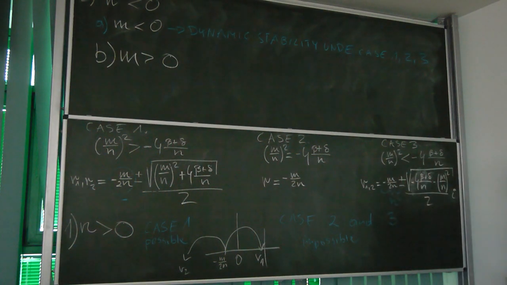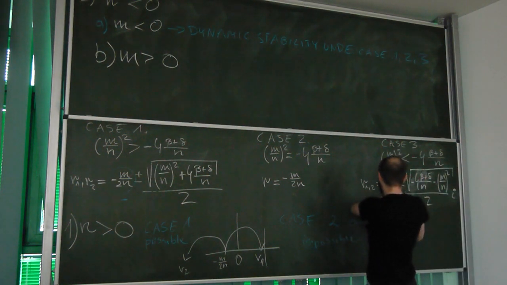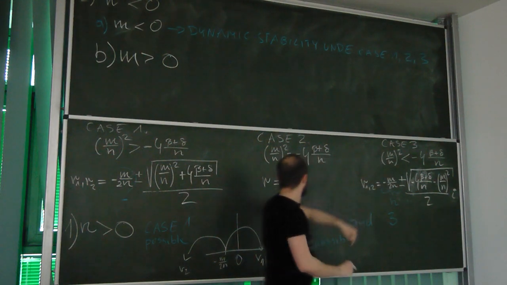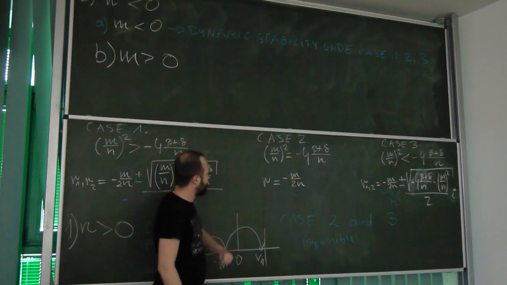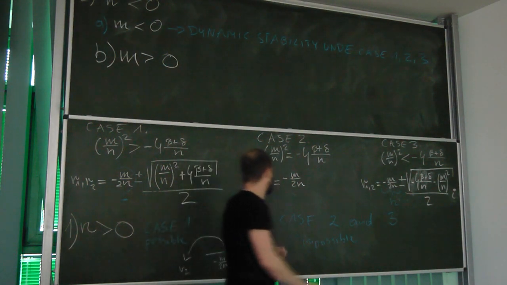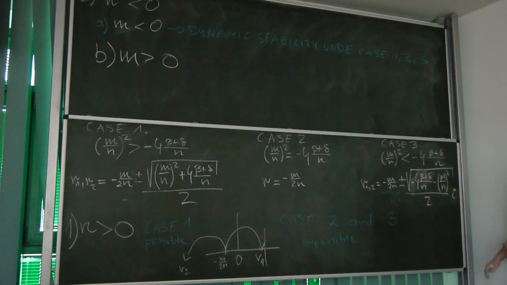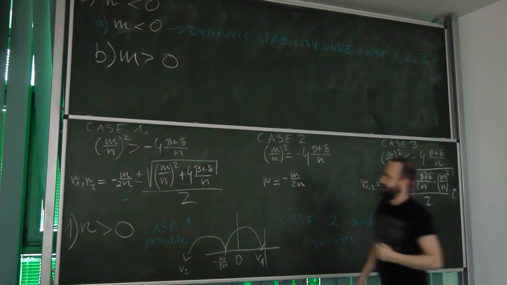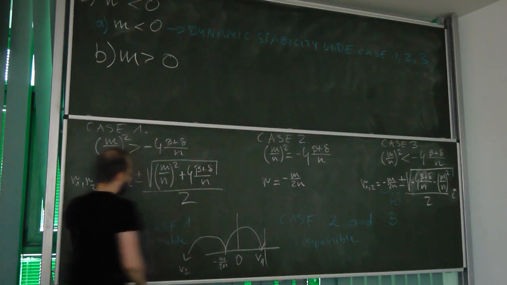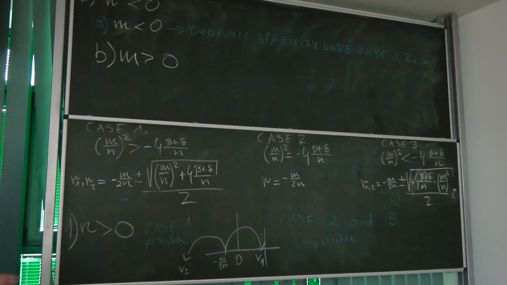Under case number 3, we see we have dynamic instability. H, the real part of the root, is the same as the root in the repeated root case. Again, this is positive. We have dynamic instability. And finally, we are moving over here.